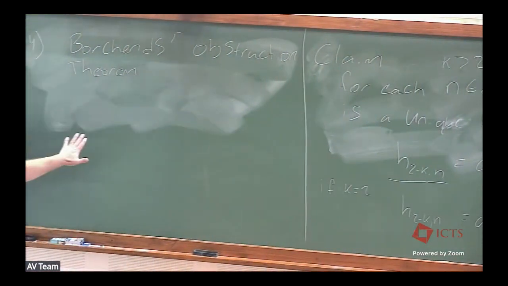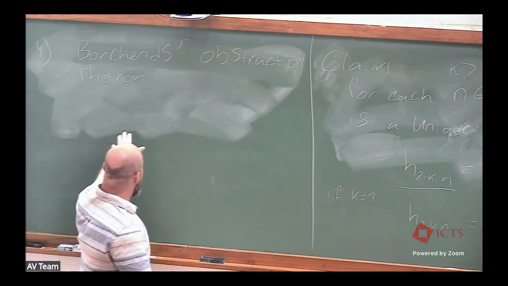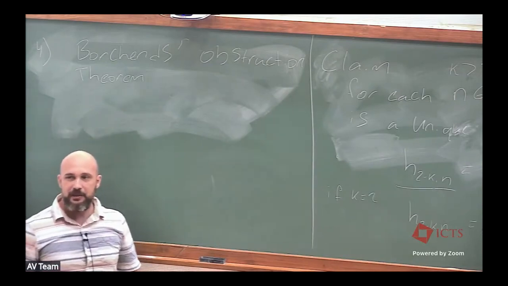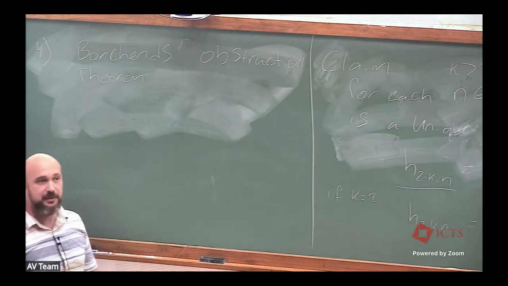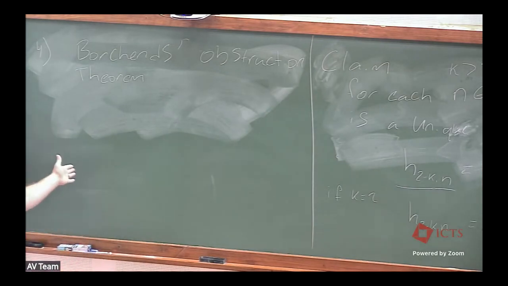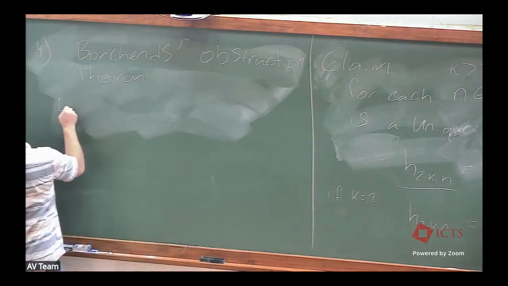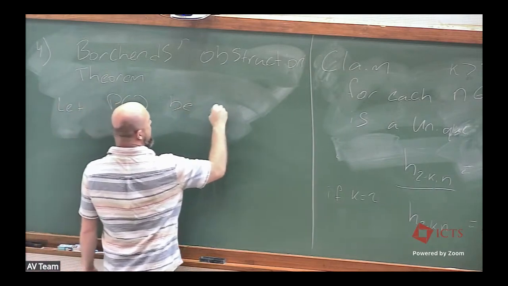Now, if I write this as an application of the pairing, this is a very different proof than Borcherds' proof. Borcherds proved this using Serre duality, but basically what this theorem is going to tell us is how we can figure out what principal parts actually belong to weakly holomorphic modular forms as opposed to harmonic Maass forms. Okay? And so what Borcherds' theorem says is, let p(x) be a polynomial.